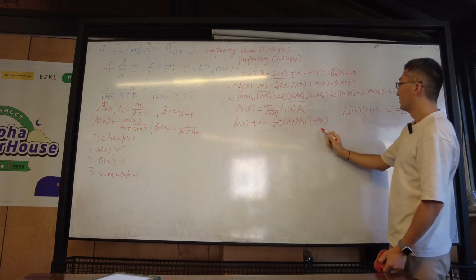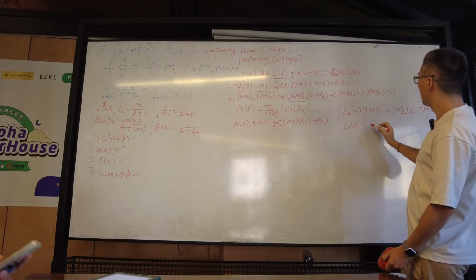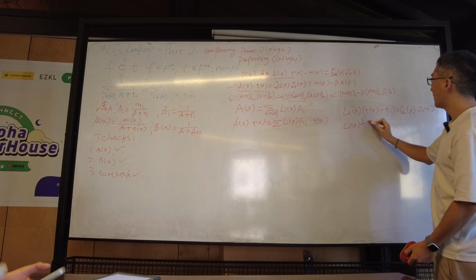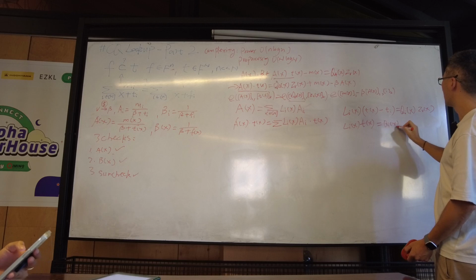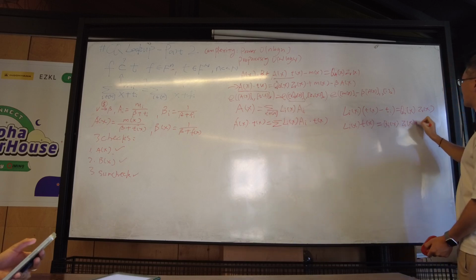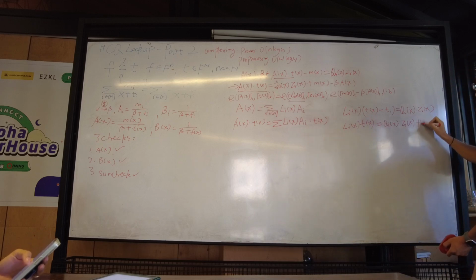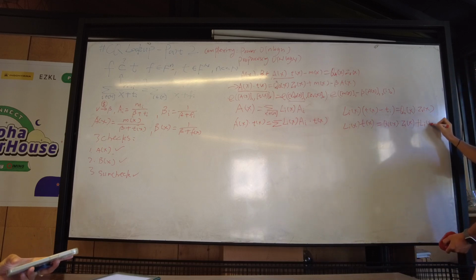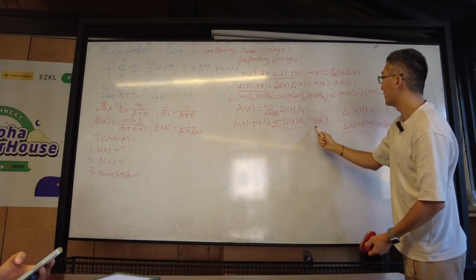So let's put them together. Li(x) (Tx minus Ti) equals Qi(x) times Zv(x). We just move them to this side, it will equal Li(x) Ti. So this part is this part and this part.